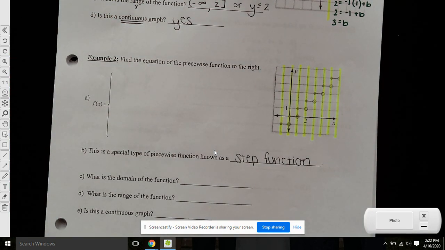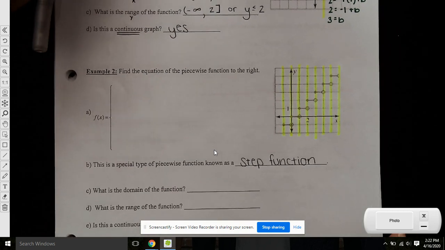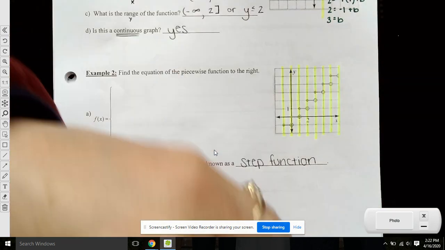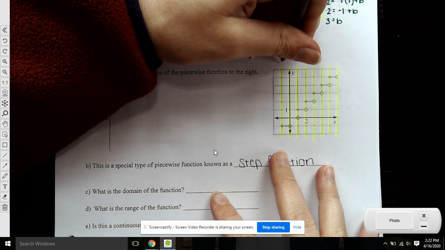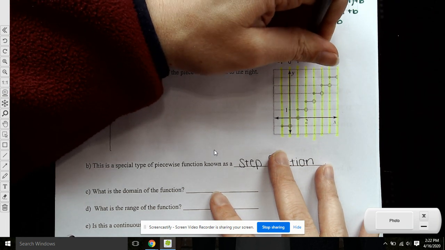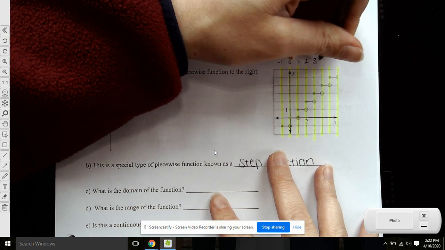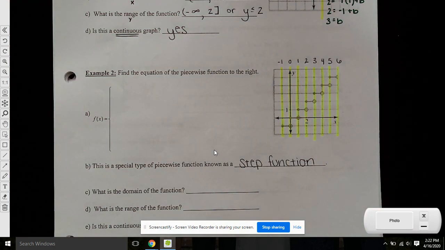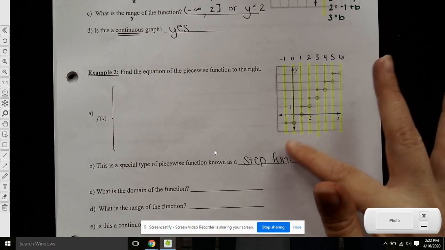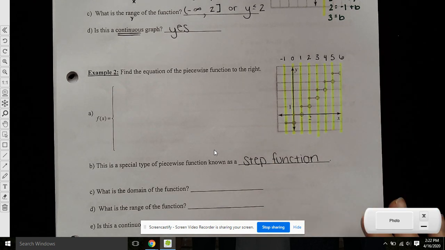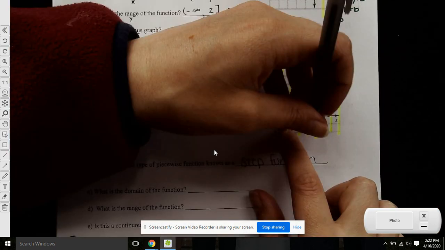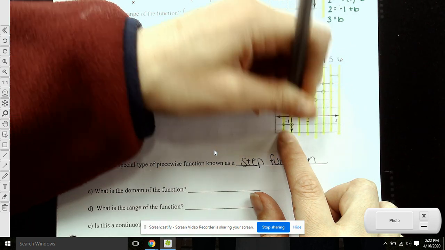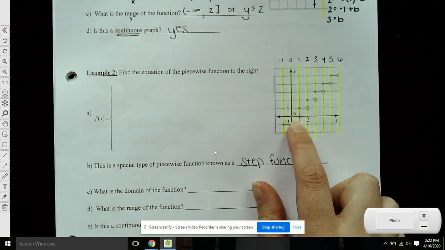So now I'm going to write down what all of those boundary lines are. So this is -1, 0, 1, 2, 3, 4, 5, 6. Now it's also helpful in here to recognize on each step what the value is. So this one is -1, 0.